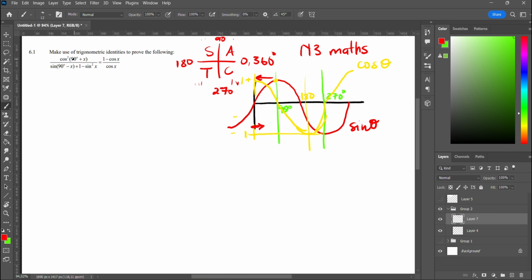So cos at 90 degrees plus would be in the sine thing. So we know that this is sine, and if we add 90 degrees to it, it's gonna be positive.